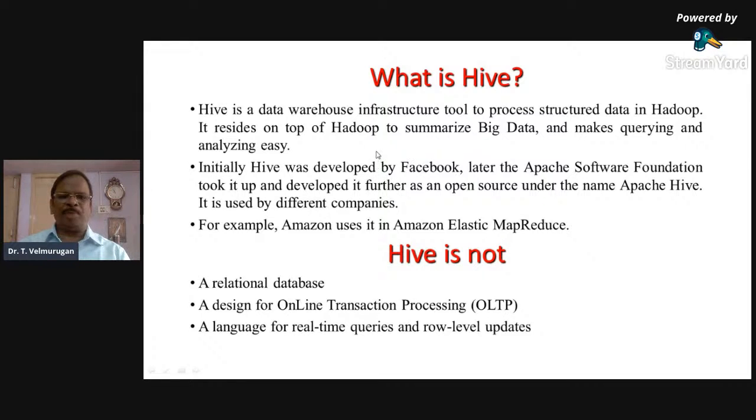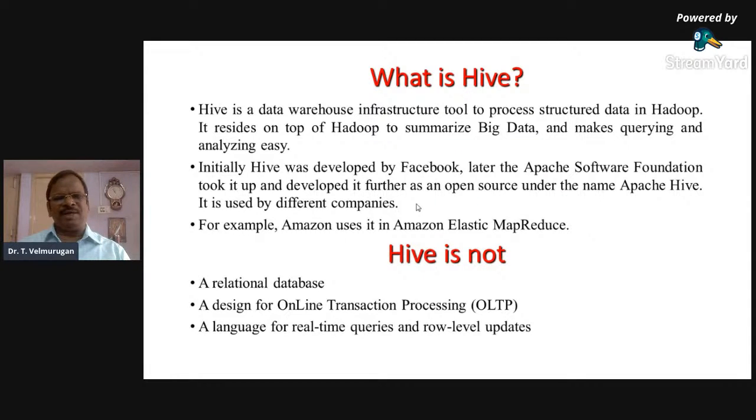It resides on top of the Hadoop system to summarize big data and makes querying and analyzing easy. Initially, Hive was developed by Facebook. The Apache Software Foundation took it up and developed it further as open source under the name Apache Hive.